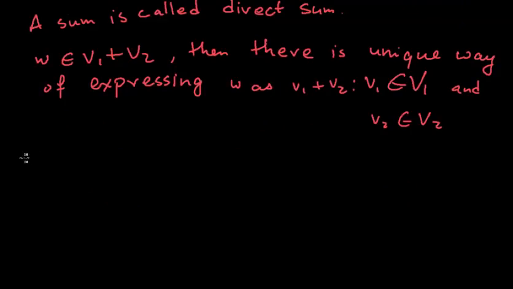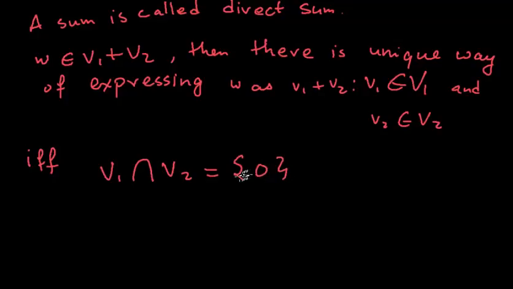And there is a way to test whether a sum is a direct sum or not. This is true if and only if we take the intersection of the two subspaces V1 and V2 of V, and the only common element in these two is the 0 vector itself and nothing else.